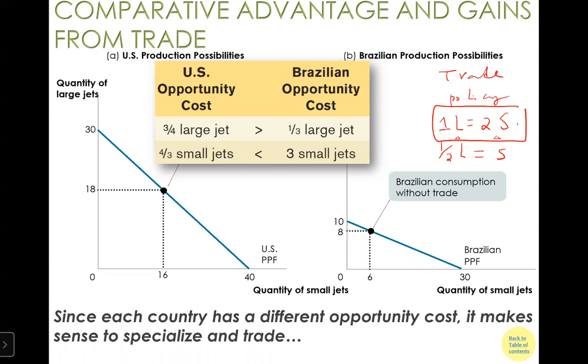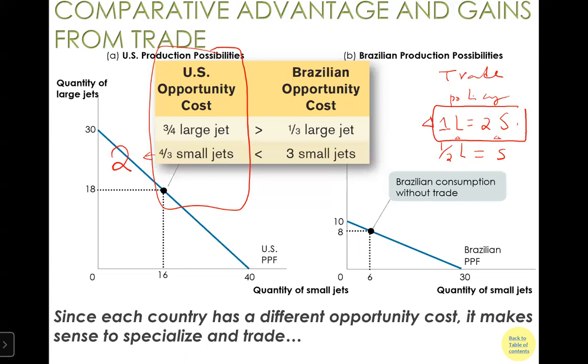Okay, so what does this mean? Let's just focus on the United States. This just means the US is going to sell larger jet at a higher price, right? Because now they can sell for 2. Look at this equation.